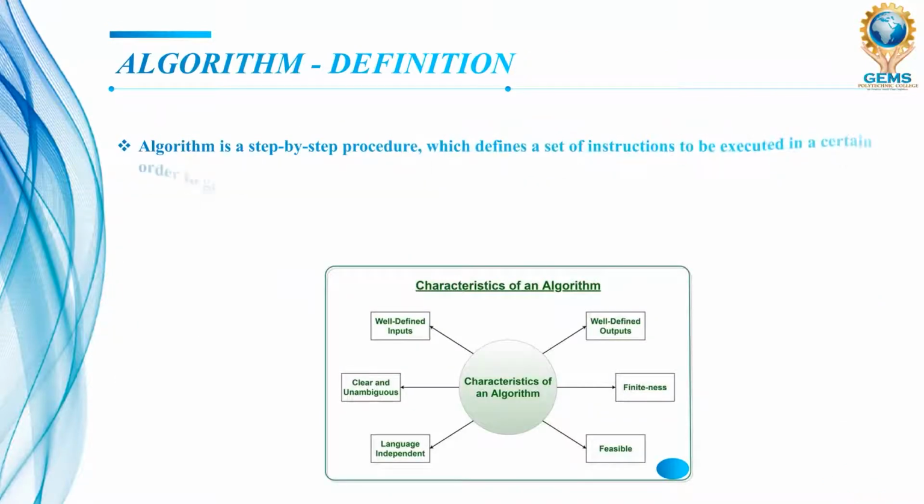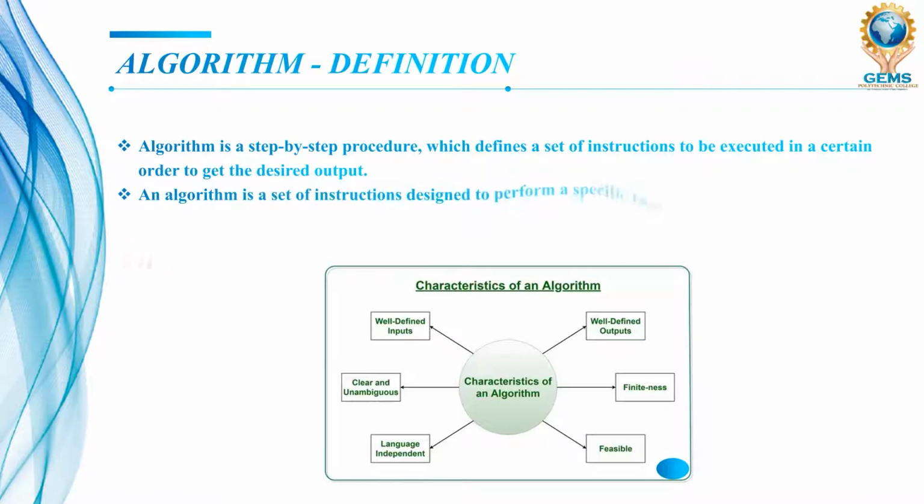Now we will see the definition of an algorithm. Dear students, in the previous video I clearly explained about the algorithm and flowchart. In this video lecture, I just want to give a brief introduction about the algorithm. So an algorithm is a step-by-step procedure.